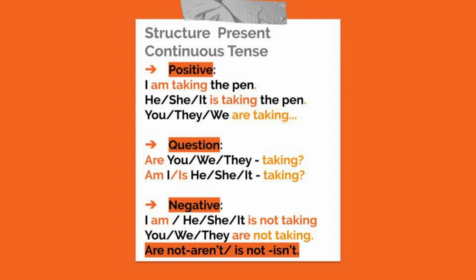You aren't taking, we aren't taking, they aren't taking. Similarly, he, she, it. He is not taking, is not becomes isn't. He isn't taking, she isn't taking, it isn't taking. Right? My friend isn't taking. Students aren't taking. So please remember this structure.